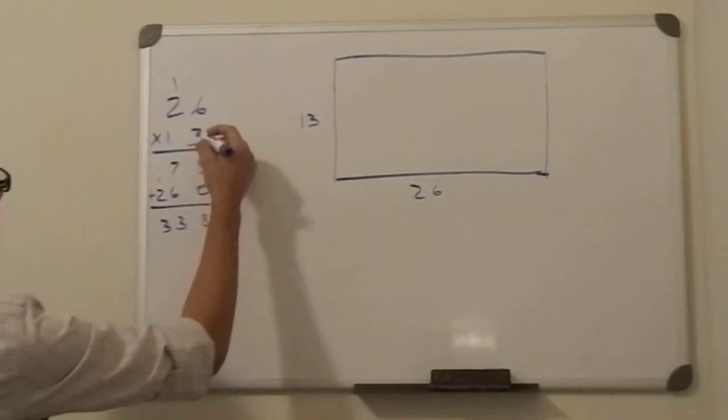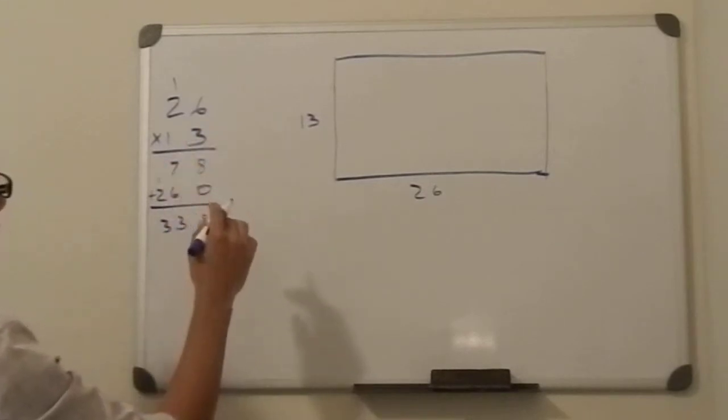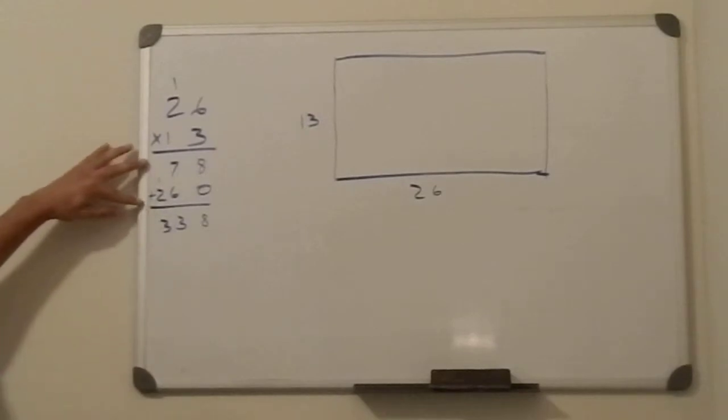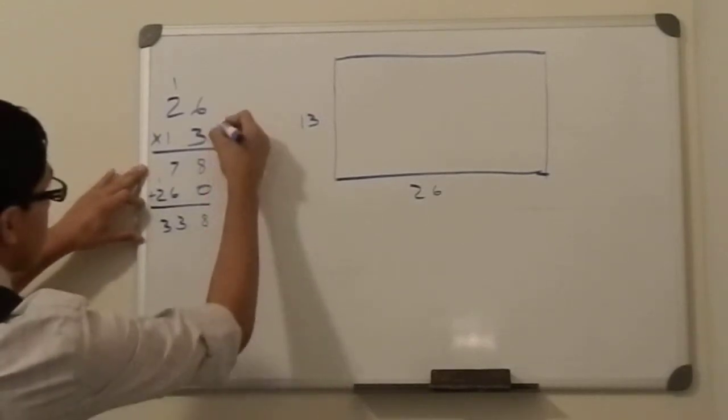So what we do here is we break up this multiplication into two, right? Let me rewrite that for you.